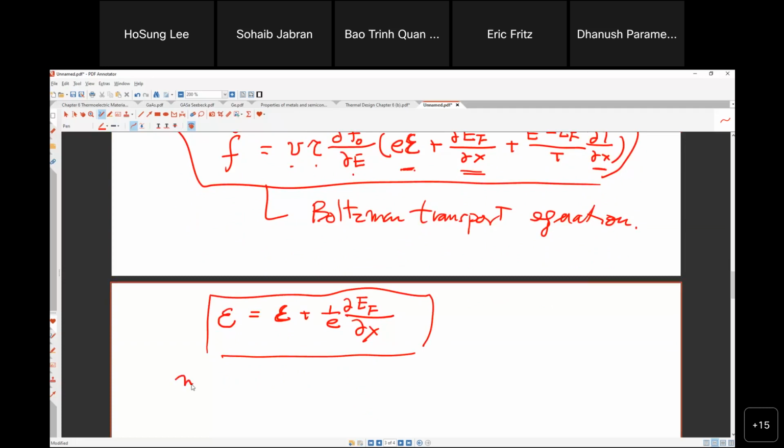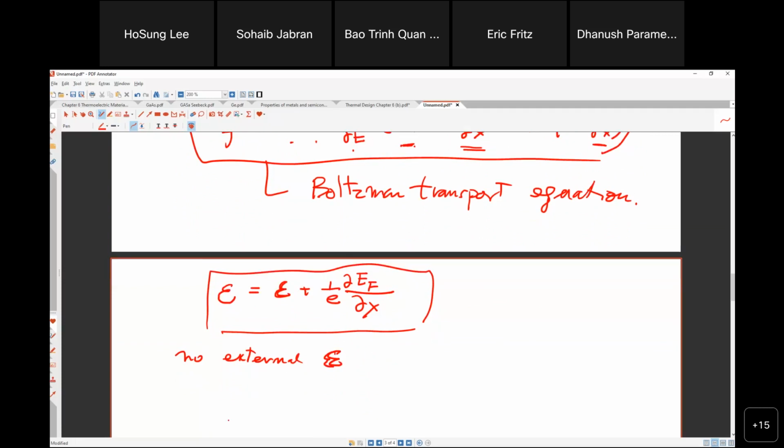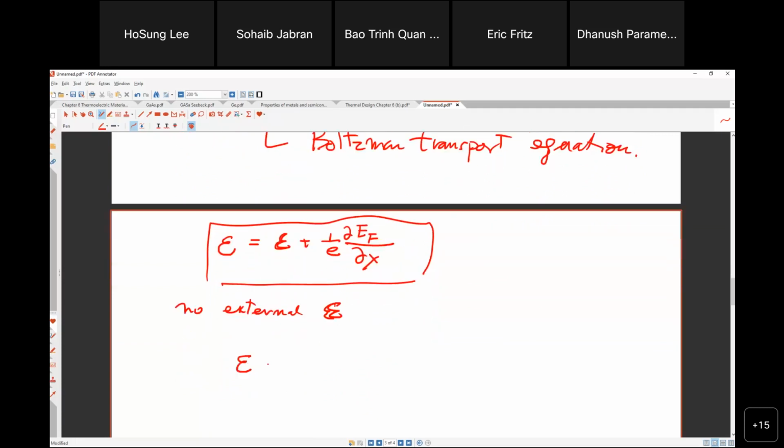So if there is no external electric field, then the electric field is nothing more than 1 over charge times the Fermi energy gradient. This is so important.